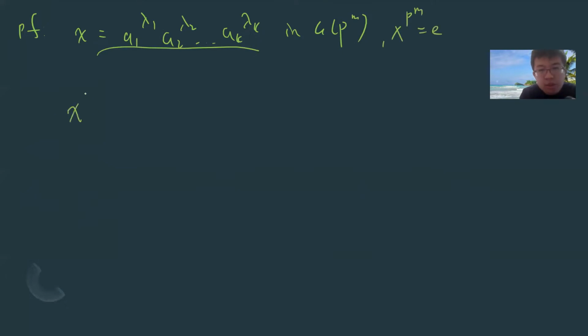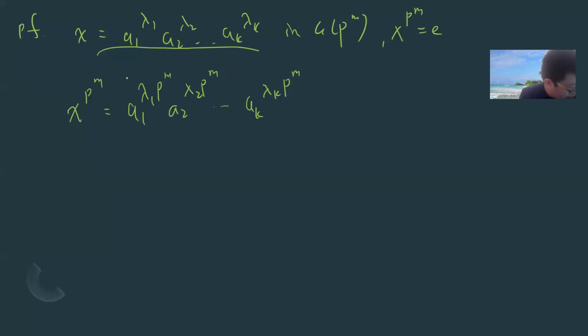Then it's a simple calculation: a1 to the lambda 1 p to the M, a2 to the lambda 2 p to the M, up to ak to the lambda k p to the M is the identity. Because this is a direct product, you must have each factor equal to the identity.